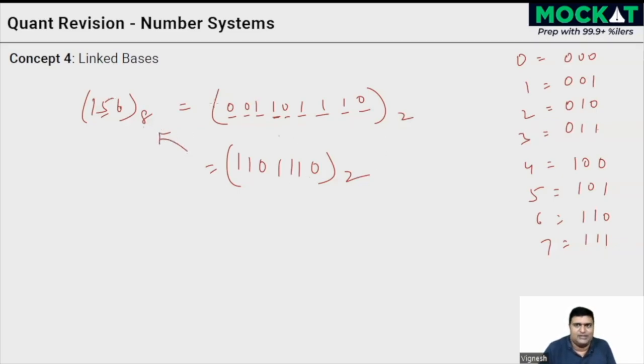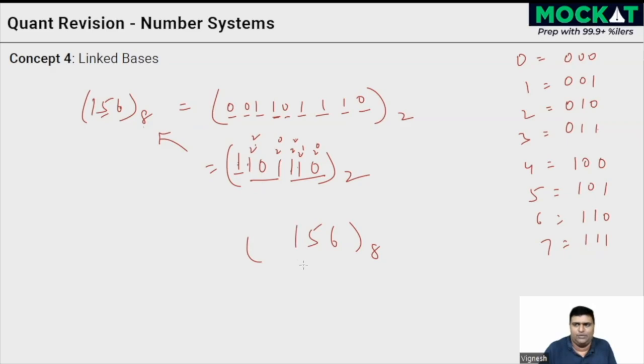Now, if you're given something like this and you have to reconvert to find that, then you take 3 at a time. 3 at a time, and we have 3 digits in the base 8 number system. 110, right? 2 square, 2 power 1, 2 power 0. 1 into 2 square, 4. 1 into 2 power 1 is 2. 4 plus 2 is 6. In this case, 2 square and 2 power 0. 4 plus 1, 5.